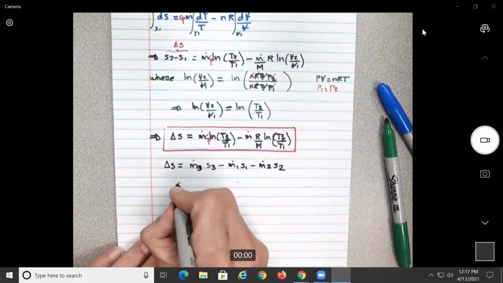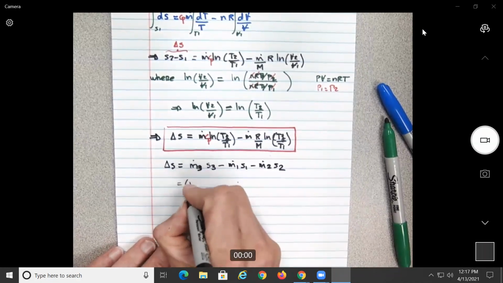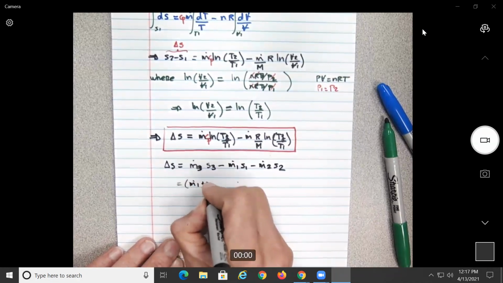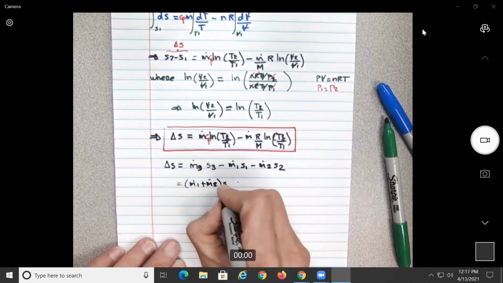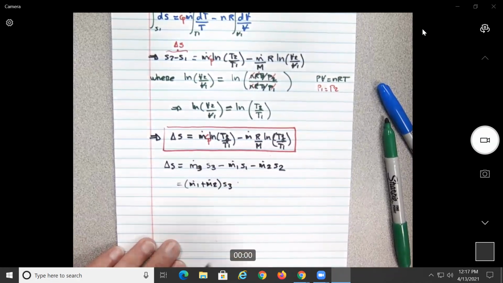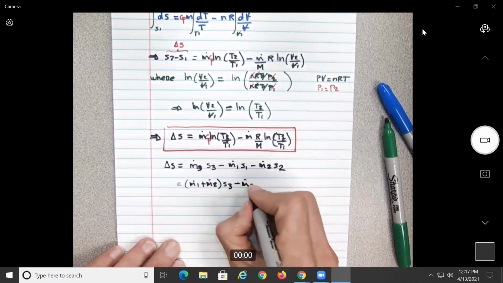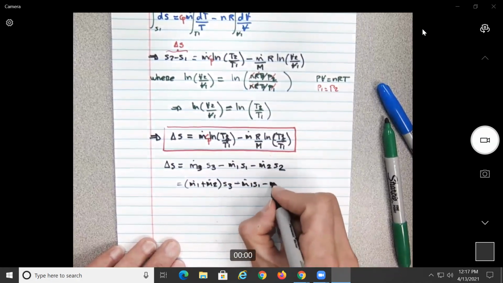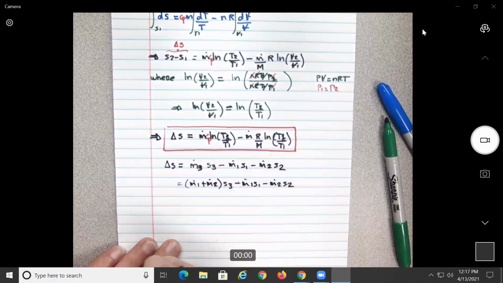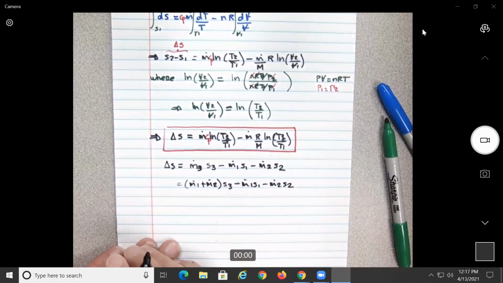So we know that m dot 3 is equal to what? m dot 1 plus m dot 2, so m dot 3 S3 minus m dot 1 S1 minus m dot 2 S2.